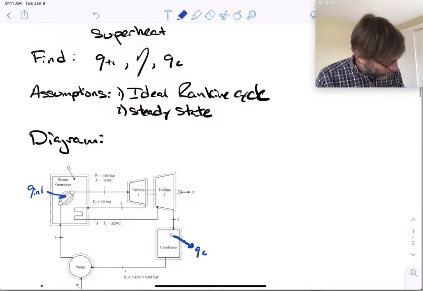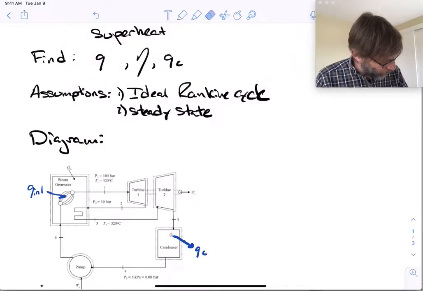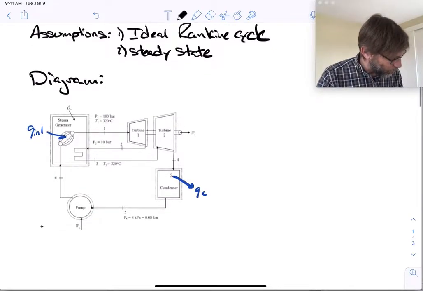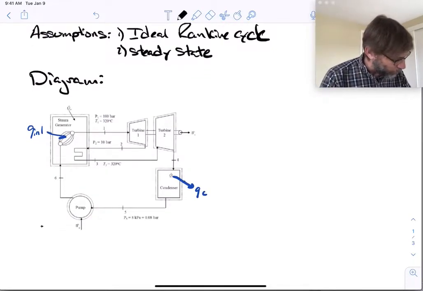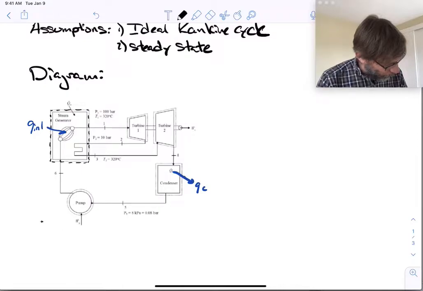So it's not T1, I'll get rid of this. Let's call it Q in 1. And then we've got Q in 1, and then we've got QC. We are going to assume that we have all these different control volumes. You notice that they all have little dots around them, because we take the control volume of all these different items.